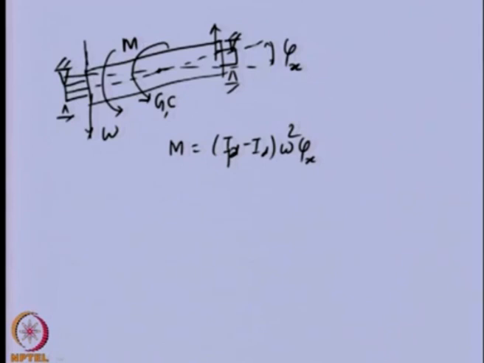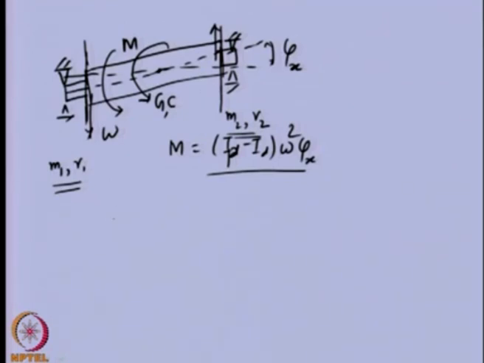Maybe we can choose one at this end, one at this end, and we can put some mass at a particular radius, another mass at some other radius, to balance this moment. Once we have this moment value, these can be obtained using moment balance in this plane.